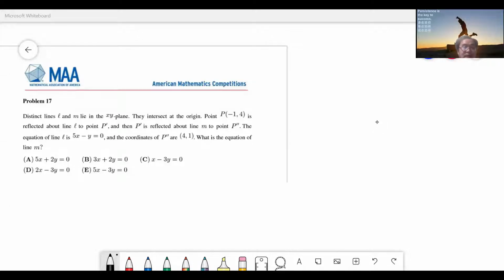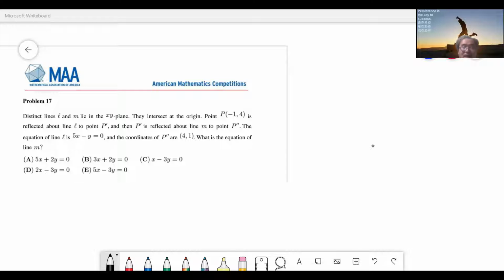Question number 17. Distinct lines L and M lie in the xy plane. They intersect at the origin. Point P, (-1, 4), is reflected about line L to point P prime.